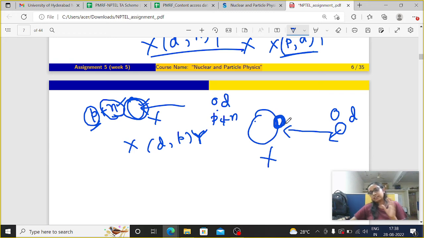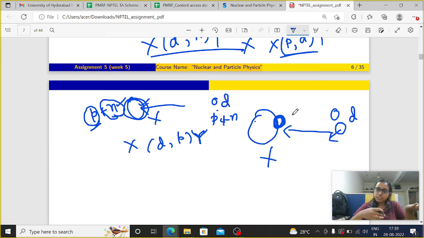It is the same statement written here: the actual reason is that stripping takes place due to the actual contact of one of the constituent nucleons of the deuteron, either the proton or the neutron, with the nuclear matter. This is the main reason for direct reaction.